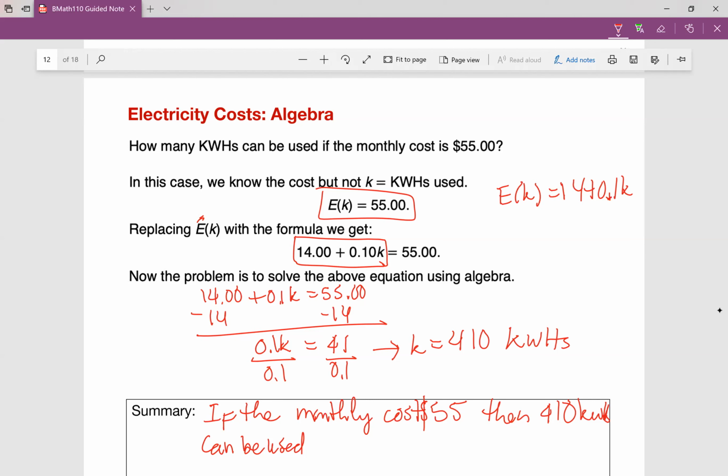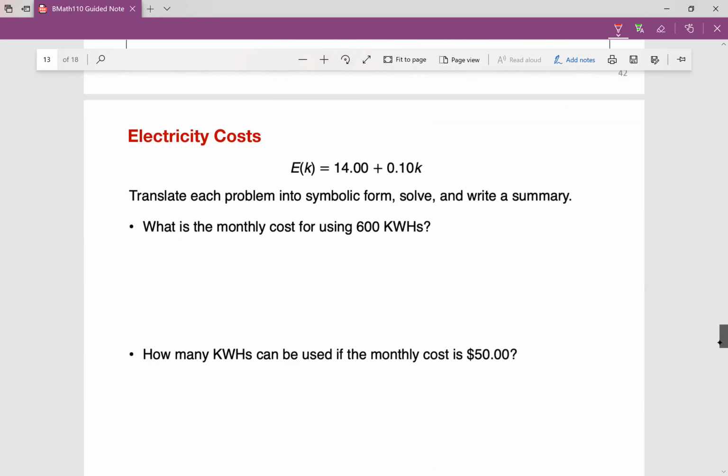Okay, so that should be the answer. We can move to the next page.